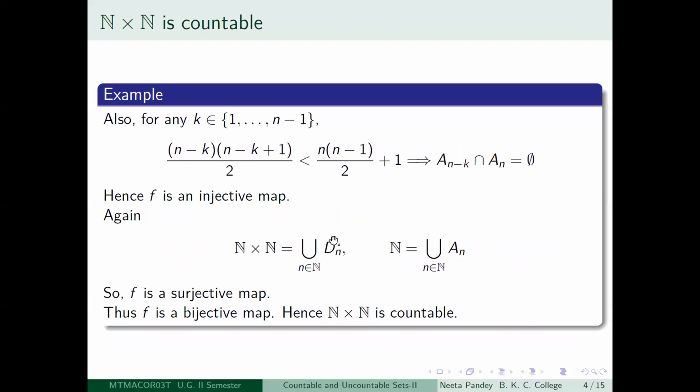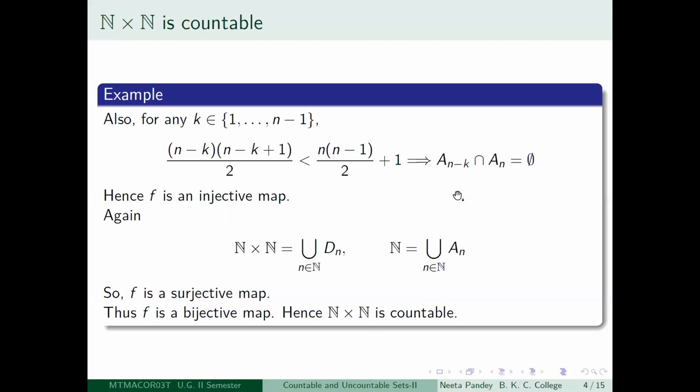So very precisely you have shown that if you take any k between 1 and n minus 1, then the intersection of an minus k and an is bound to be empty. So an minus k and an are going to be disjoint for any k between 1 to n minus 1. So it justifies that each of these Ai's, they are all going to be pairwise disjoint.